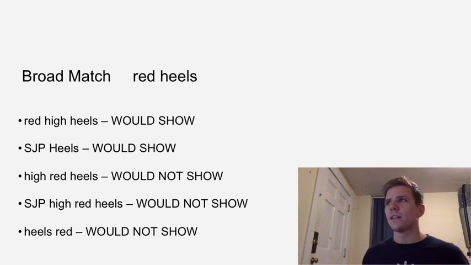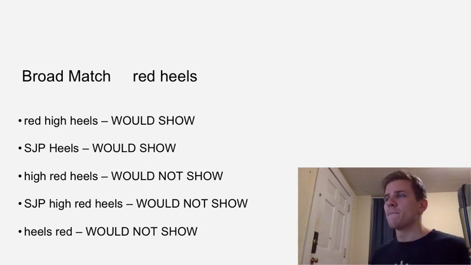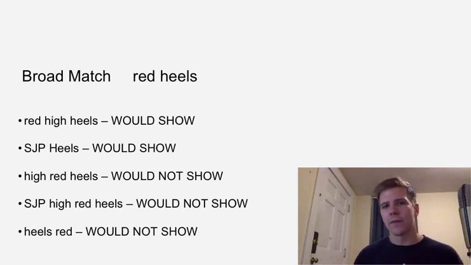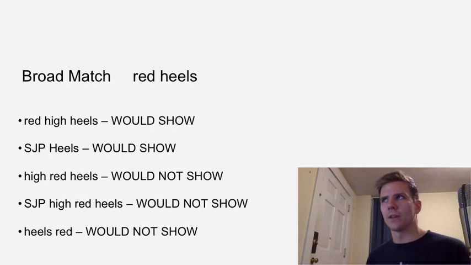So yeah, as you can see, these are some example searches for the phrase red heels. It's just something totally random. But for broad, it needs to contain every single keyword that is in your keyword phrase. So red and heels have to be contained in that statement, and it can be in any order.